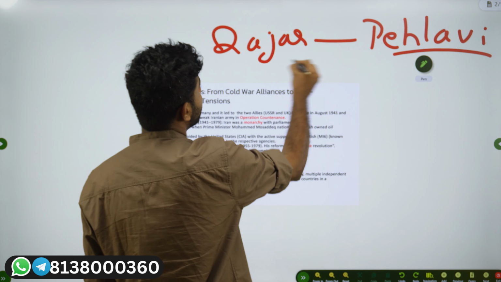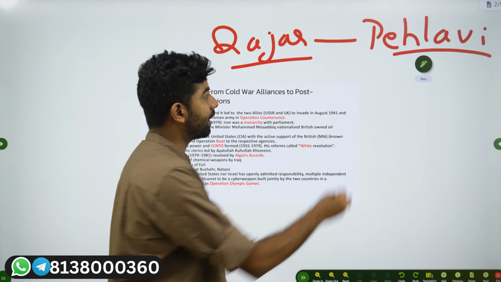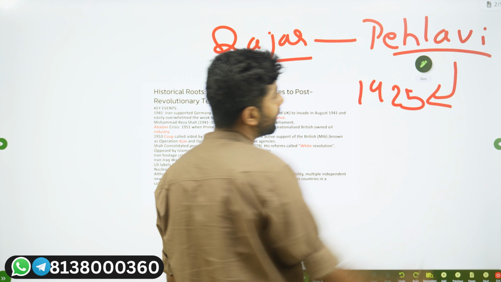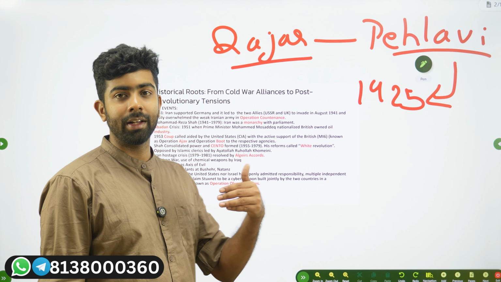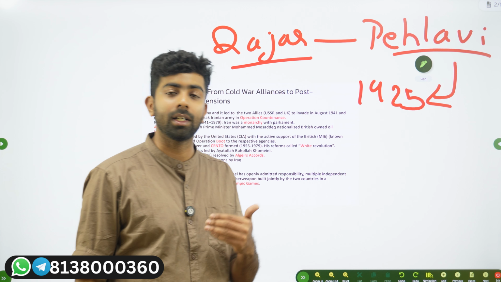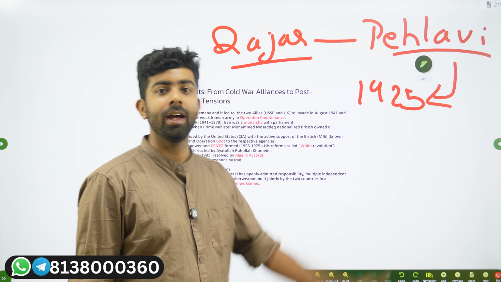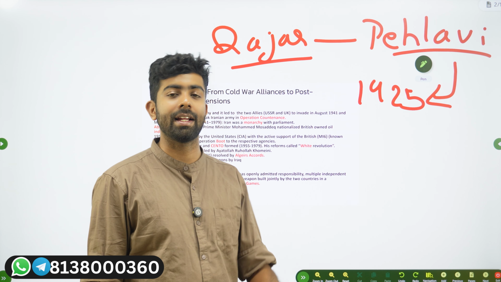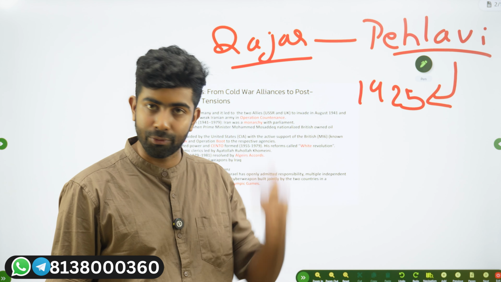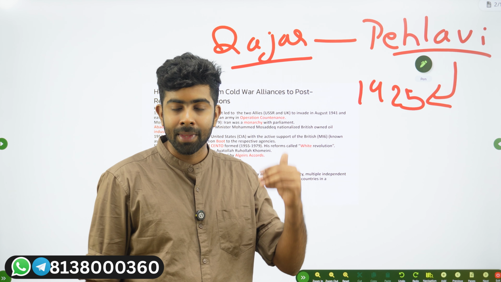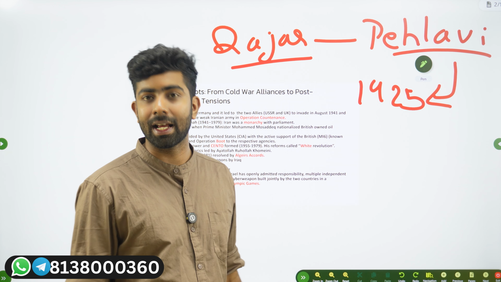The Qajar dynasty was ruling Iran until about 1925, and they were replaced by the Pahlavis of 1925, led by Reza Shah. Reza Shah Pahlavi established the Pahlavi dynasty in Iran in 1925. These are all monarchs, absolute monarchy. This is how Iran has been run.